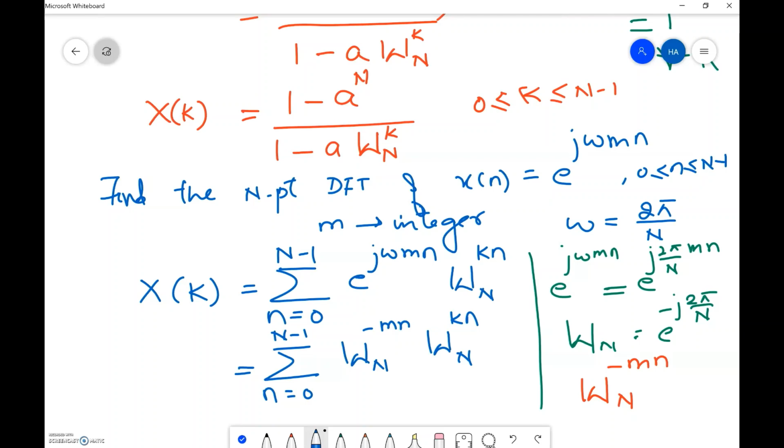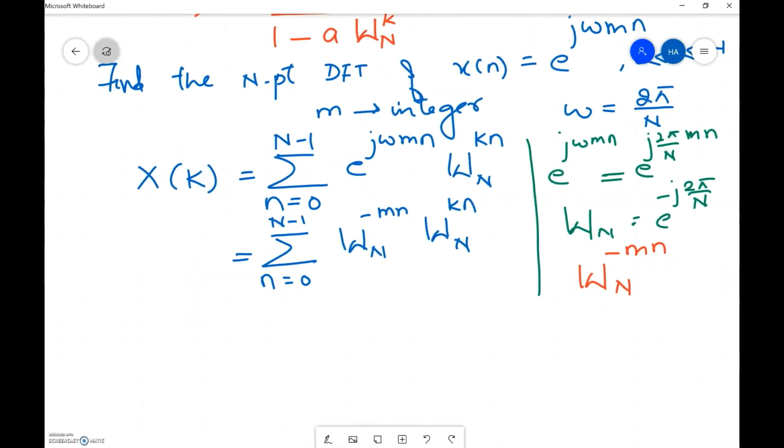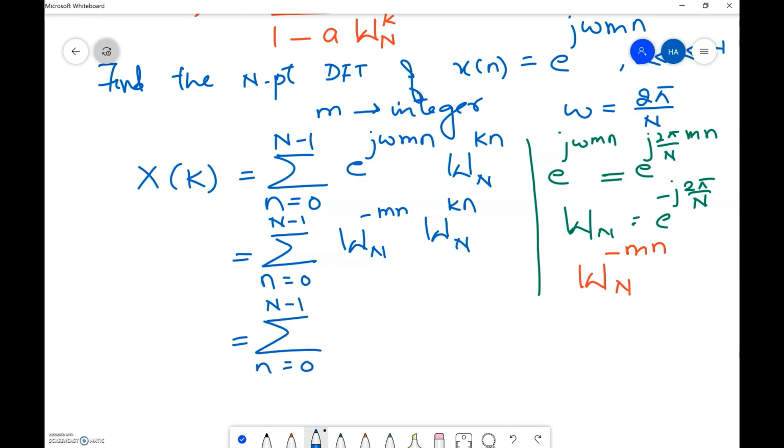Now we can combine both the terms into a single term. Therefore, this becomes summation n equals 0 to N minus 1 of W_N to the power k minus m, the whole raised to the power n, because n is common there.